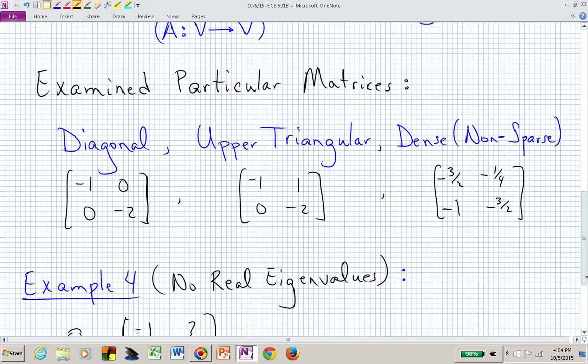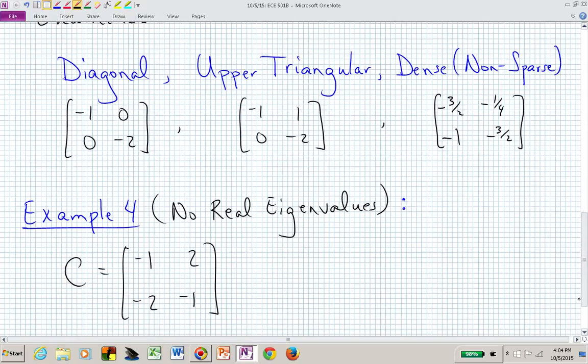Now, what I want to start with today is a matrix that actually does not possess real eigenvalues. And you'll start to see that this structure is telling you already where the eigenvalues are for this 2x2 matrix.